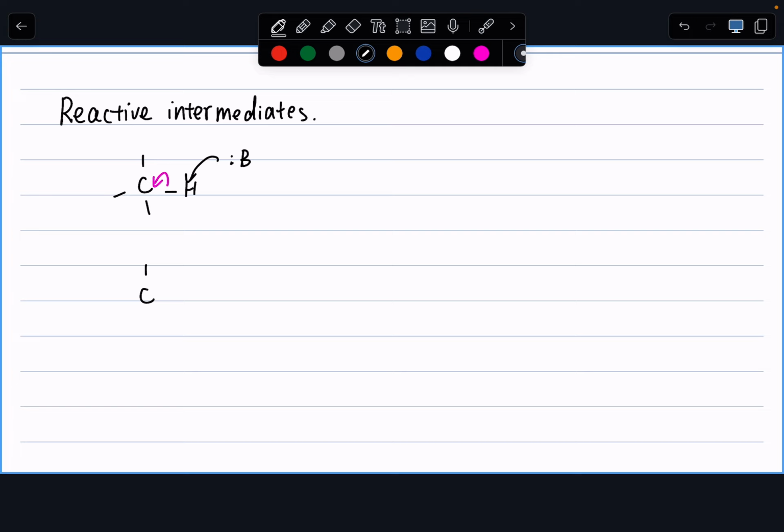The base grabs the hydrogen, and both electrons in your CH bond go onto your carbon. It's like an acid-base reaction. Your CH is your Bronsted acid. The result of this deprotonation will form a carbanion, right? So your carbon has 1 extra electron. It has a formal negative charge.